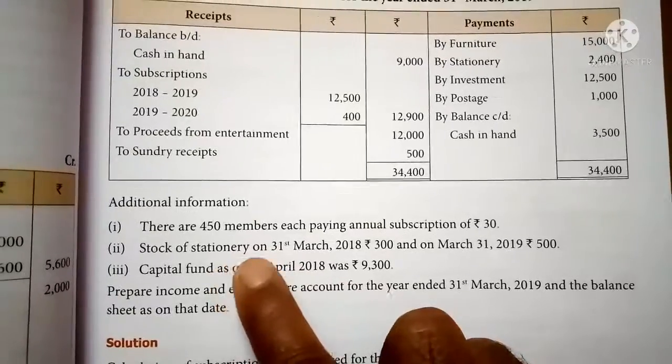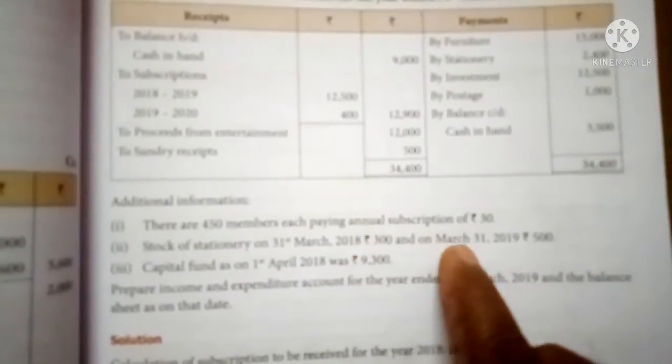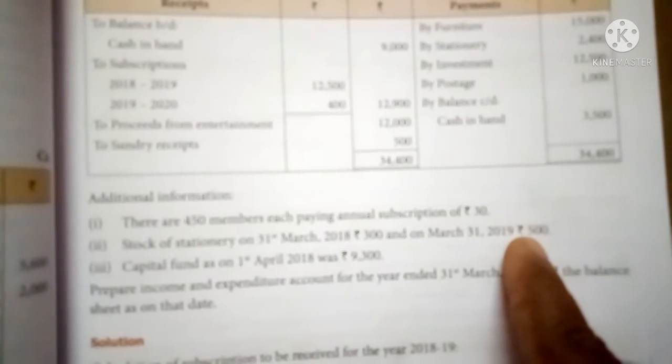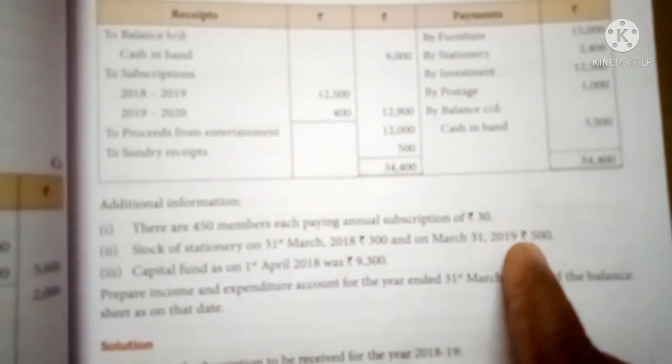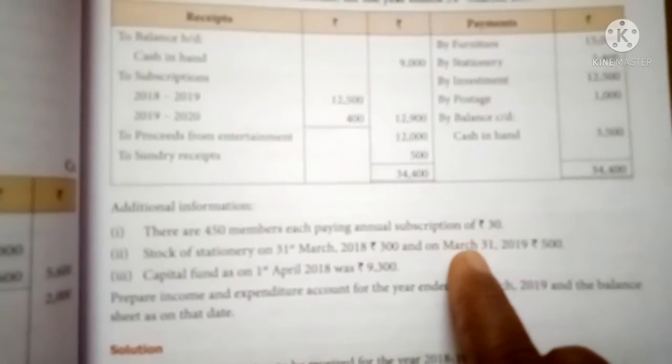And then stock of stationery 31st March 2018 300, 31st March 2019 the amount is 500. So it is opening stock of stationery 300, it is closing stock of stationery 500. Both the amounts should be taken to the income and expenditure account.